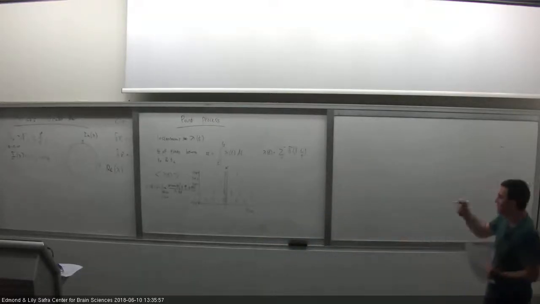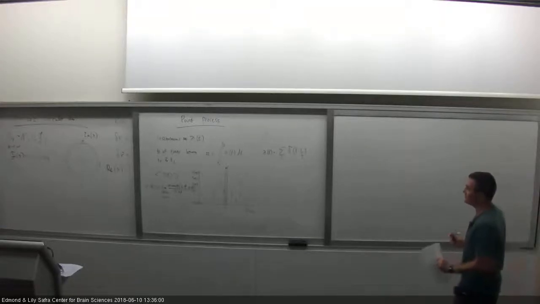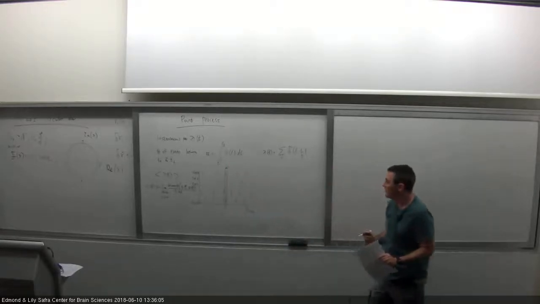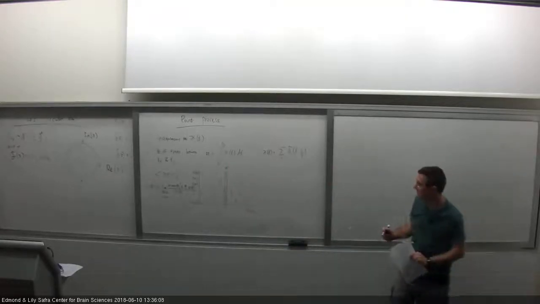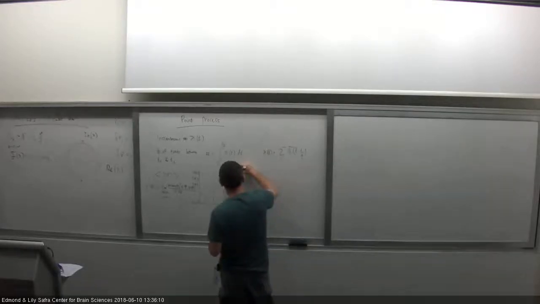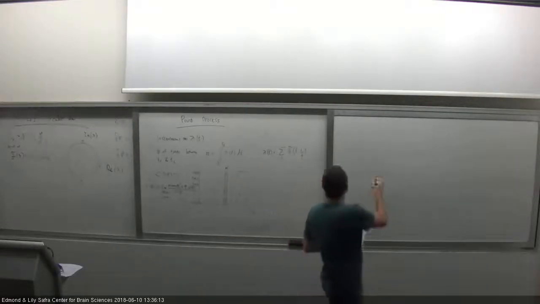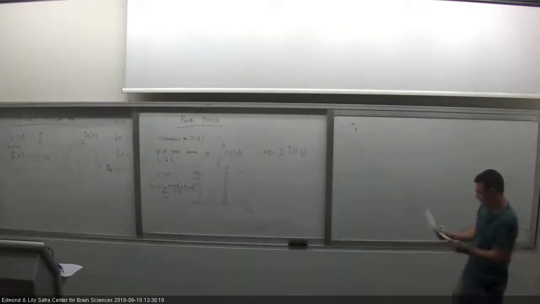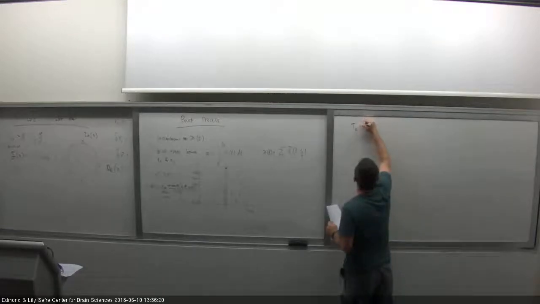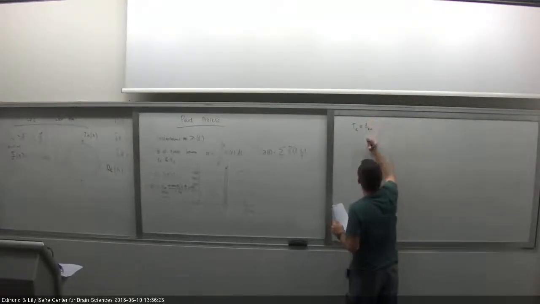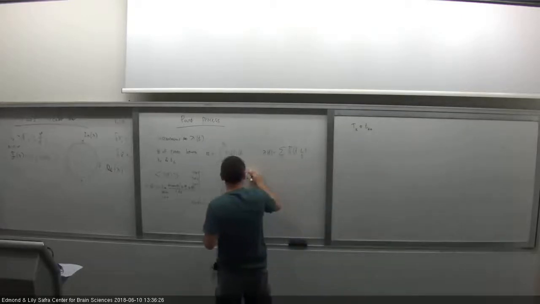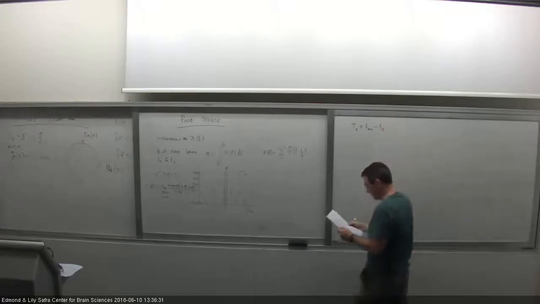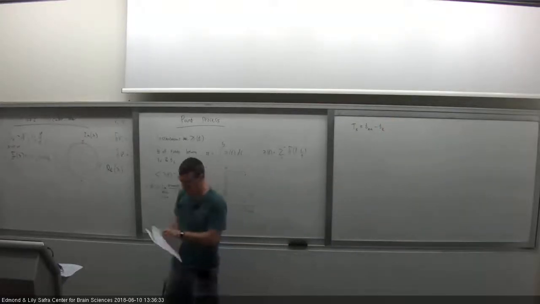So another way of thinking about point processes, rather than looking at the times of the individual events, we can think about the intervals. We can think about these intervals. So I'm going to define capital T to be the interval, and T_k will be defined as the timing of the k plus 1 event minus the timing of the k event.